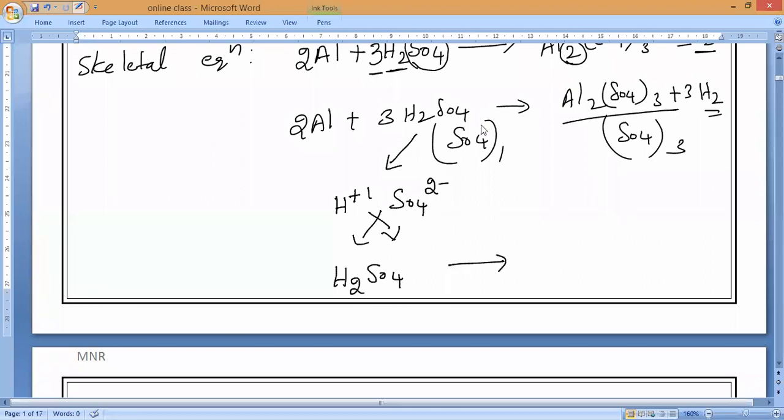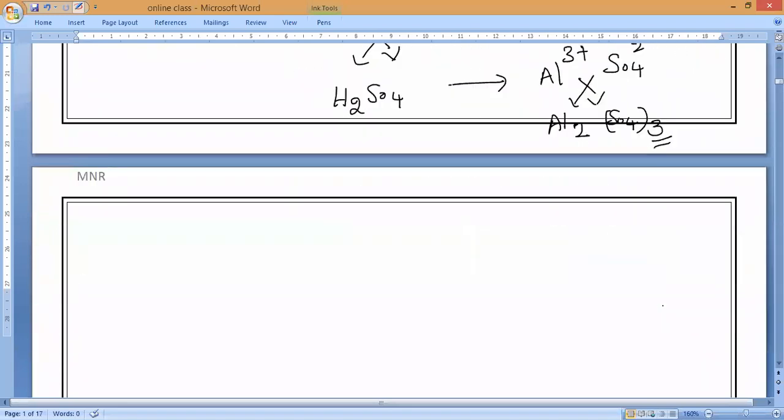Al is 3 plus, SO4 is 2 minus, so Al2(SO4)3. You should read it as Al2 SO4 thrice. That is the first thing.